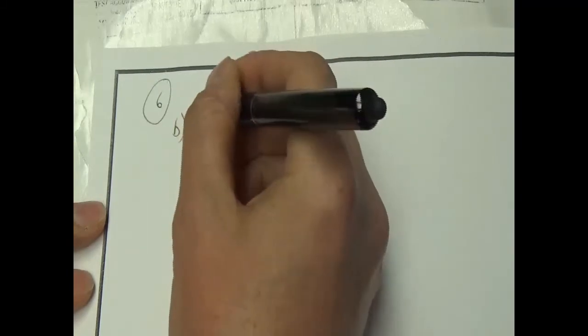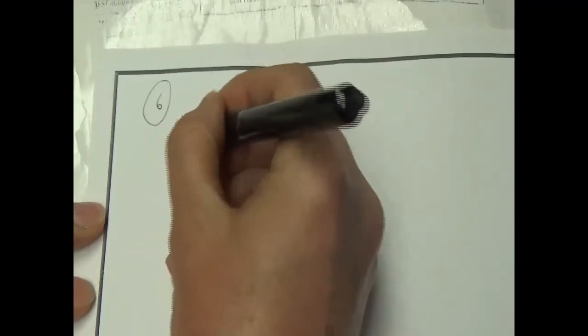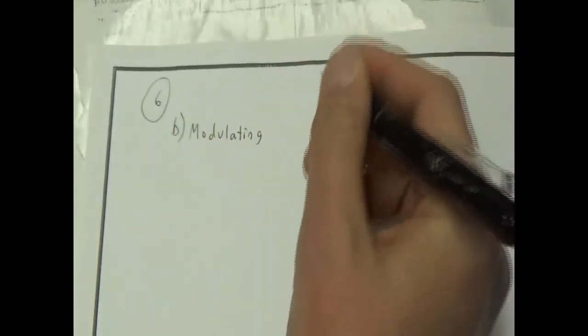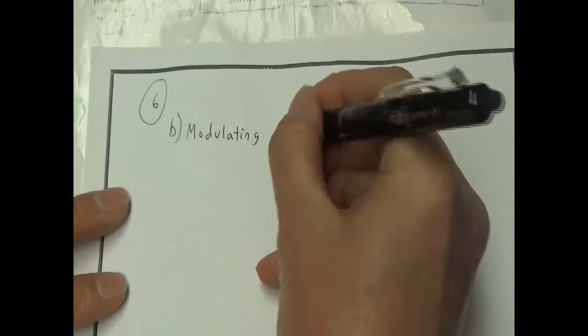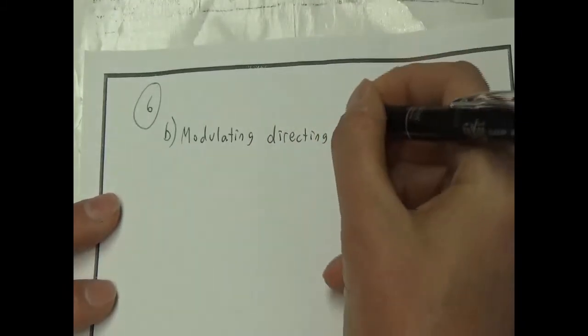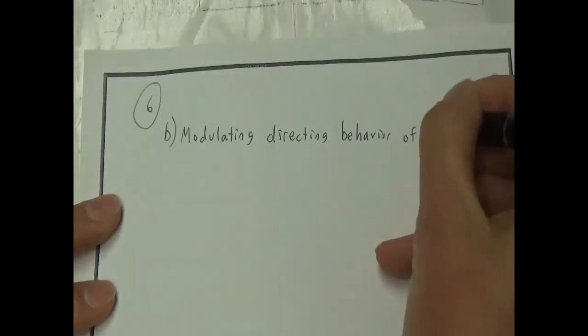Alright, so we're still on number 6, which are these synthetic strategies. Next strategy, the name I'm going to give it, letter B, is modulating, which means kind of changing around, the directing behavior of a substituent.